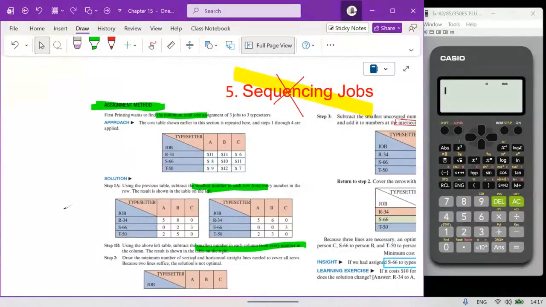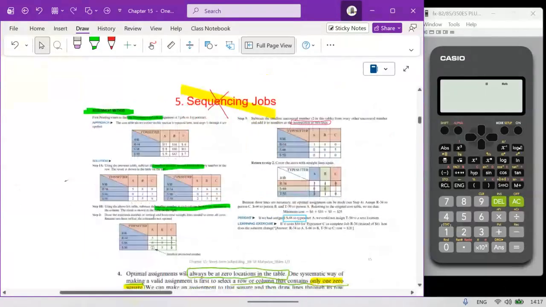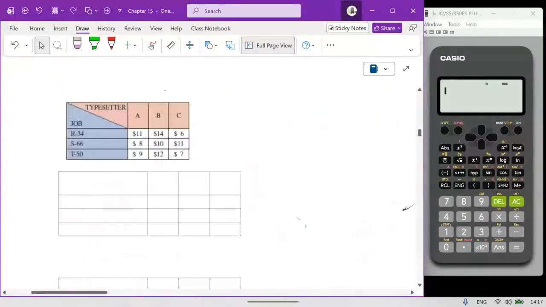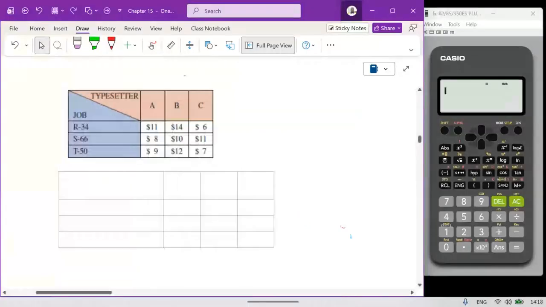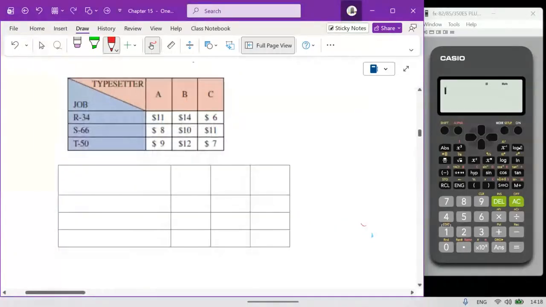Okay, so let us put this into practice. As you can see, we have the typesetter there. Because this is a cost, we want to see which cost will be less.